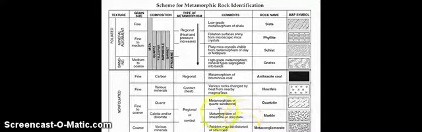Marble is made from limestone or dolostone. And metaconglomerate, if you remember conglomerate from sedimentary rocks, you're going to see pebbles that are distorted, okay? So composition is on this side, and type of metamorphism, which you'll have to look up, is in the center there. So remember, metamorphic rocks form from all different types of rocks, and they have to undergo heat and pressure.